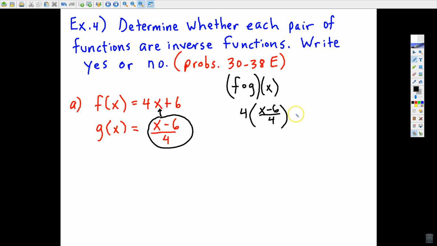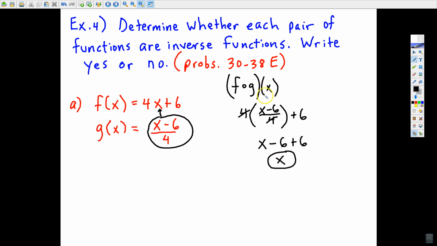And then plus 6 is part of the f function. Since you're multiplying here, you can cancel this 4 in the numerator with this 4 in the denominator, leaving you with x minus 6, and then bring down plus 6. When you simplify, notice how you get regular x as the result of this composite f of g of x.